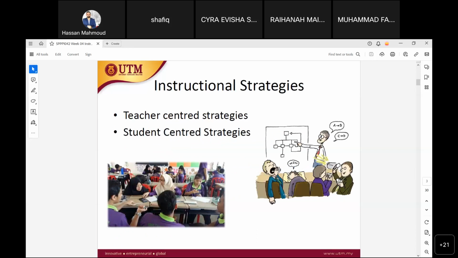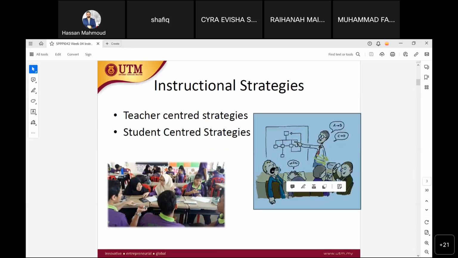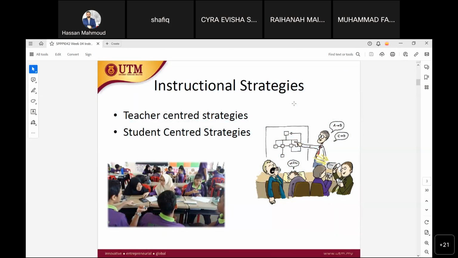Number one is teacher-centered strategies and student-centered strategies. What do you mean by teacher-centered strategies? Anyone? What do we mean by teacher-centered strategies?